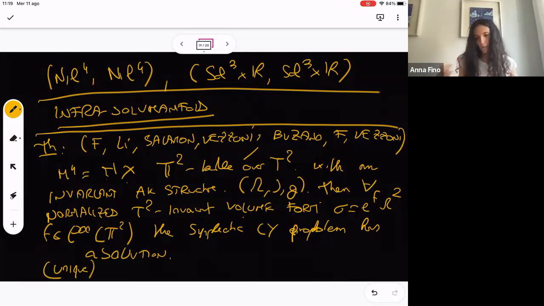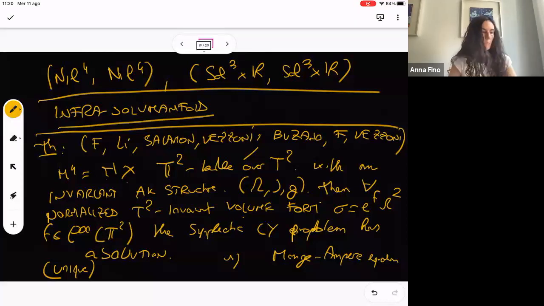So the idea is to use the classification of that and to reduce everything to a real Monge-Ampère equation, which is more complicated than the one that we saw before, but the idea is similar. We classify almost complex structures, and then we reduce to this Monge-Ampère equation, and then we apply the continuity method to solve it. That's the a priori estimate part.